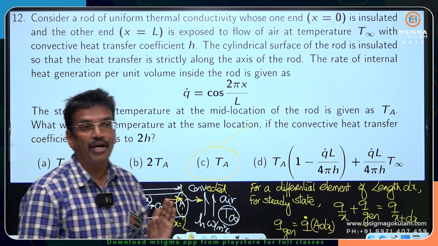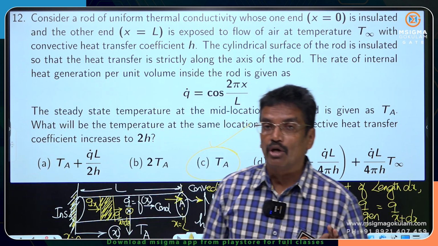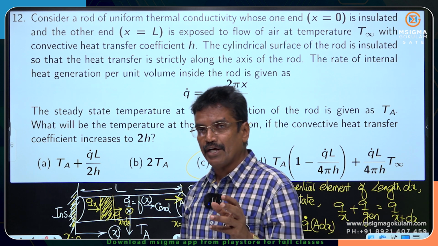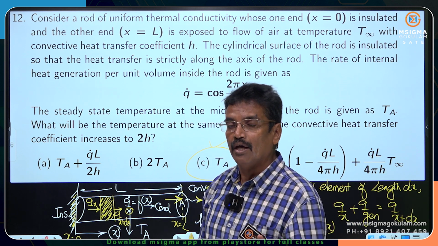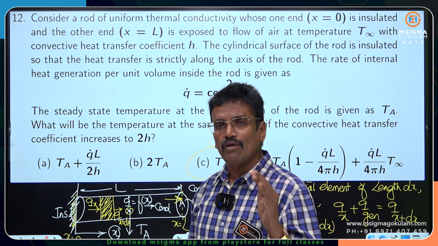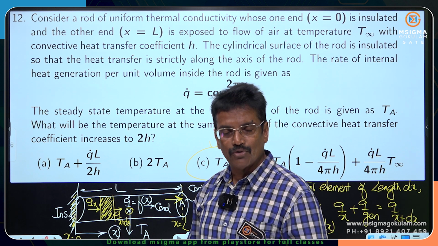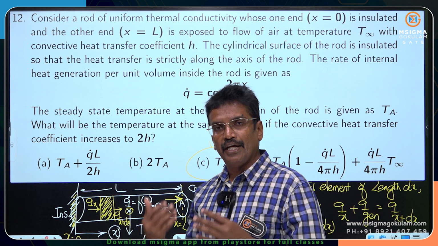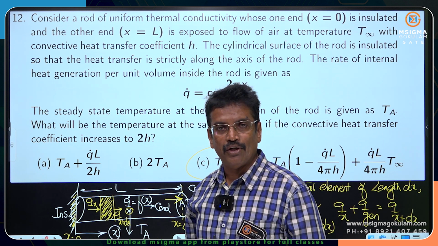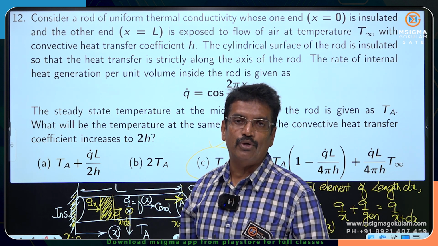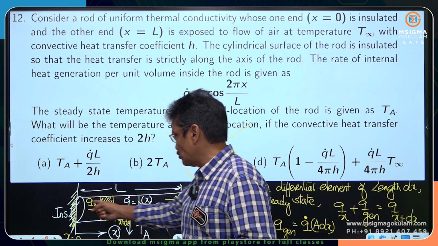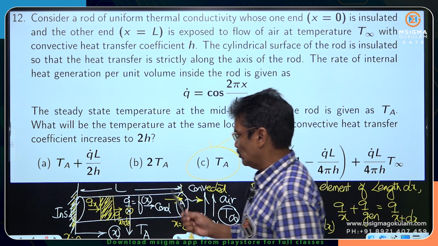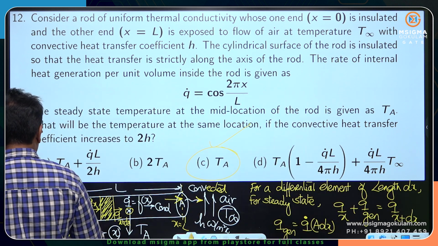This kind of boundary condition utilization, how to write the boundary conditions after writing the generalized equation for T, is very, very important in heat transfer problems. Heat transfer is all about writing a differential equation, integrating it, and getting the constants of integration from the given boundary conditions like this. So this is an excellent question.